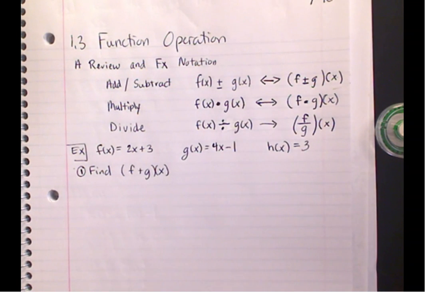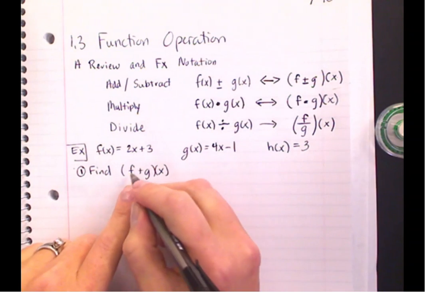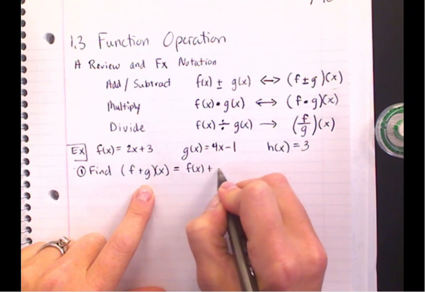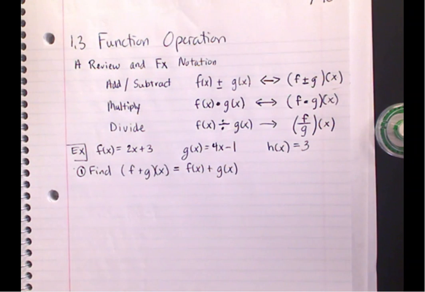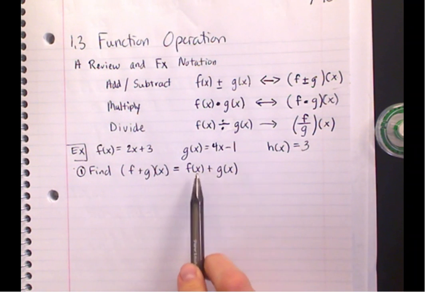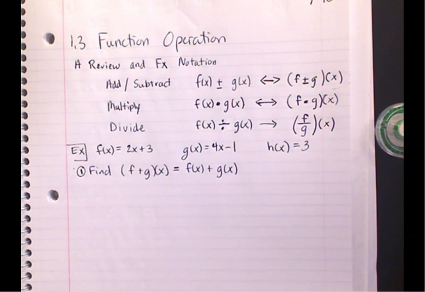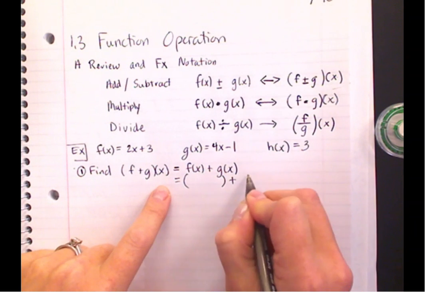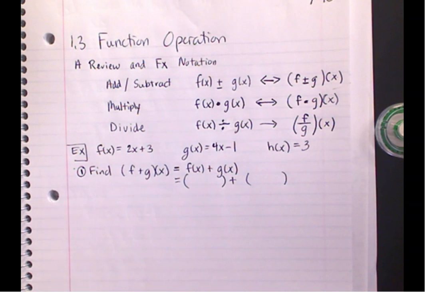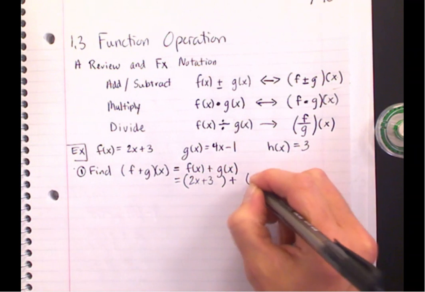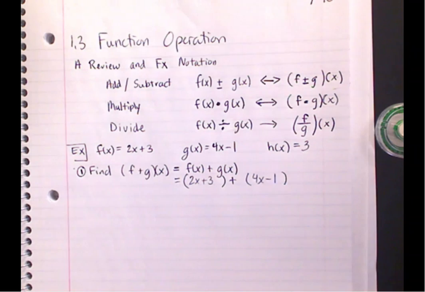You have to convert it to the other notation and then substitute. So f plus g of x equals f of x plus g of x. Notice that the one input split into two places. What is f and what is g? I would like you to use grouping symbols: 2x plus 3 and 4x minus 1.